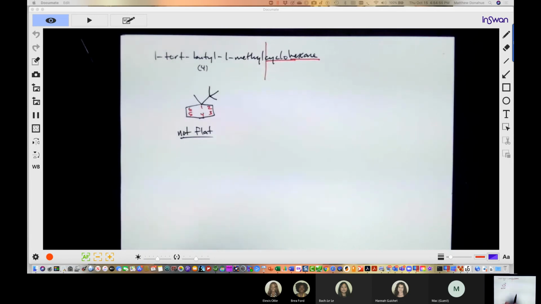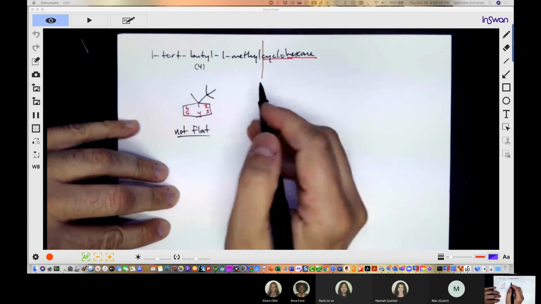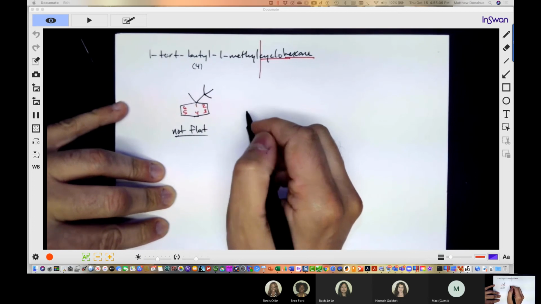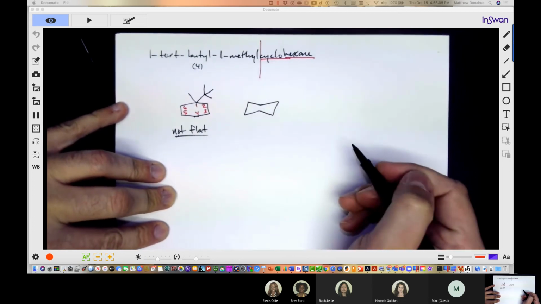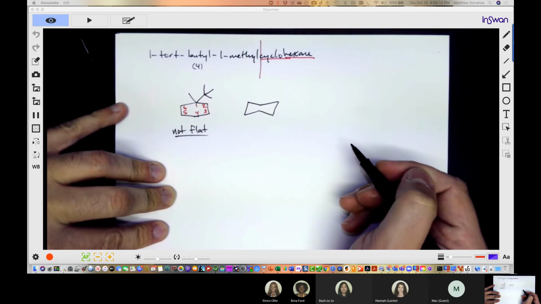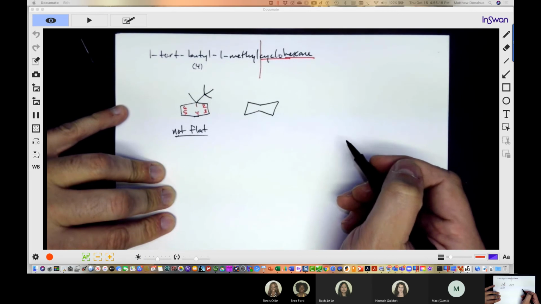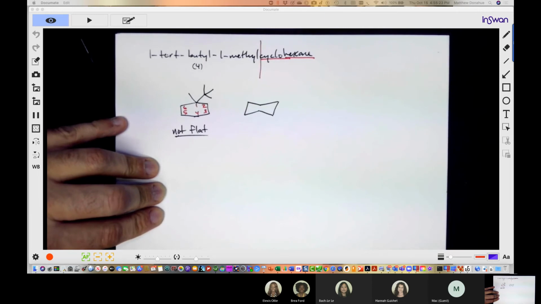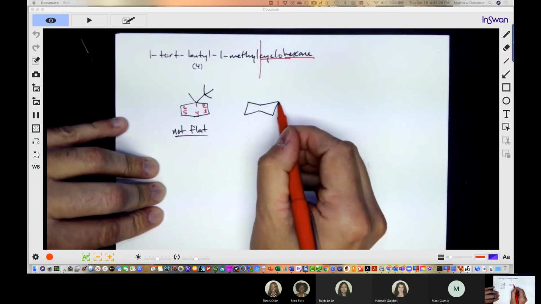So first things first is knowing that we're not flat, and so for cyclohexanes, the conformation that we typically start drawing is called a chair. So that's a chair, and I'm going to do a slight, not a cheap trick, but I'm going to start the numbering at this carbon right here.